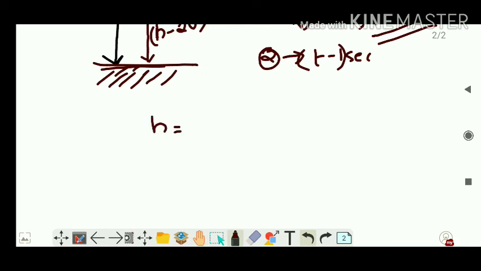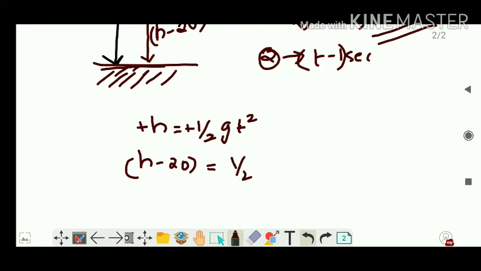So h is equal to half gt square. So this is actually minus, so minus g, so I can write minus minus, so it becomes plus, right? Whereas the next case, second ball, h minus 20 is equal to half g t minus 1 whole square, right?